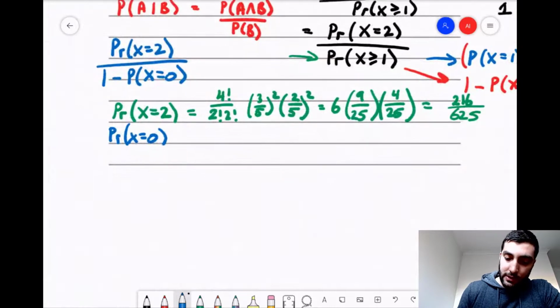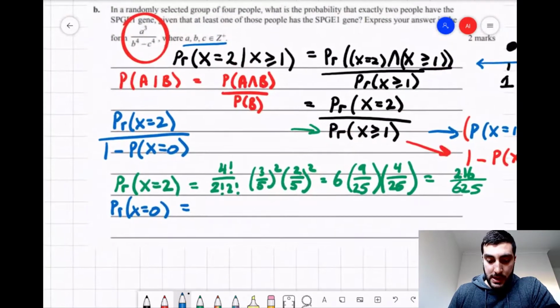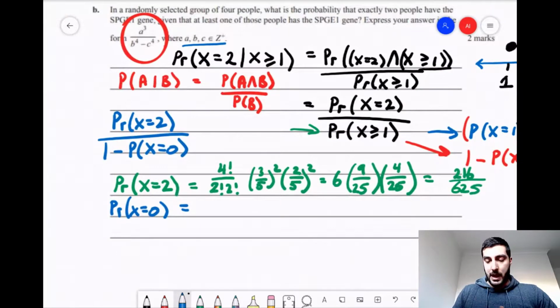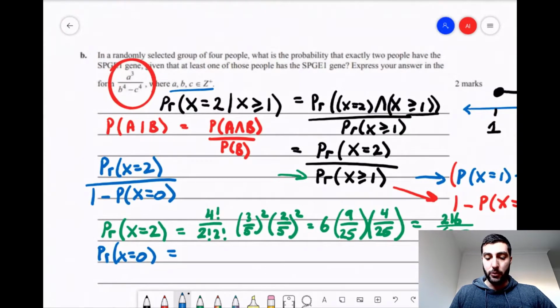Now this is pretty straightforward. At least there's a shortcut to it. So if we think about it in terms of what that means for this question, if x is equal to 0, that means none of the 4 people have this gene.